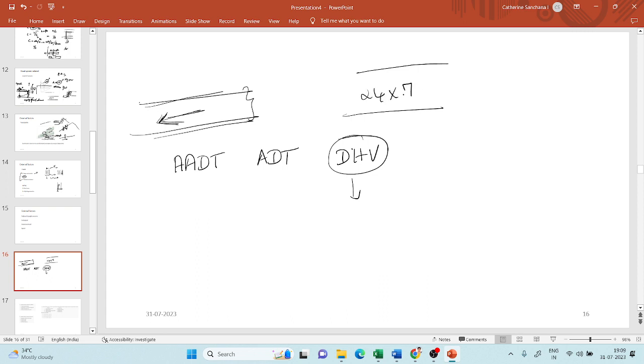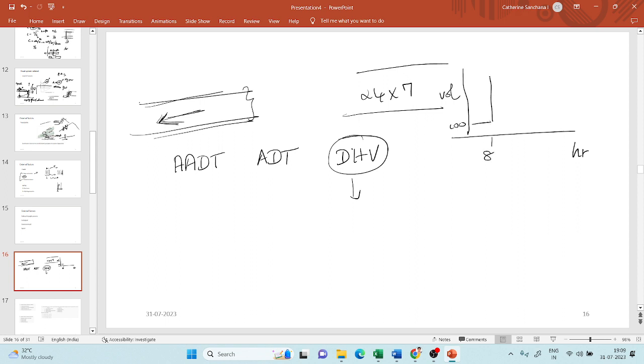If I take an hourly distribution of traffic, so this is hour and this is volume, it is going to have, say, 100 vehicles till 8 o'clock in the morning.